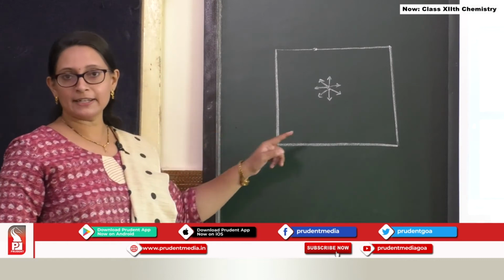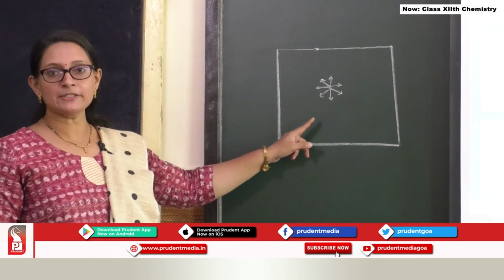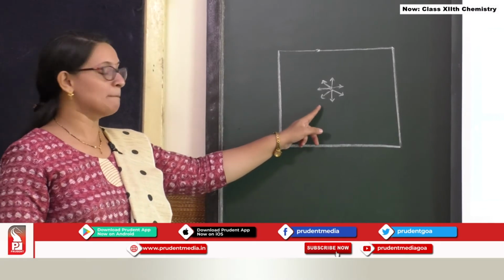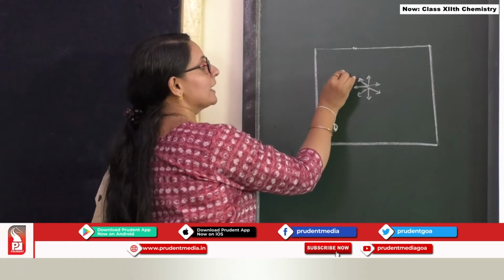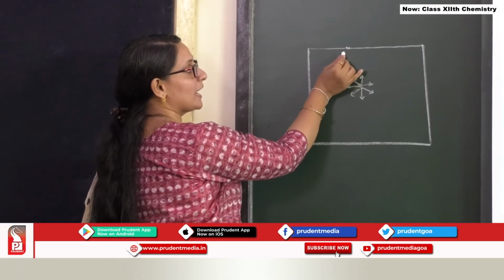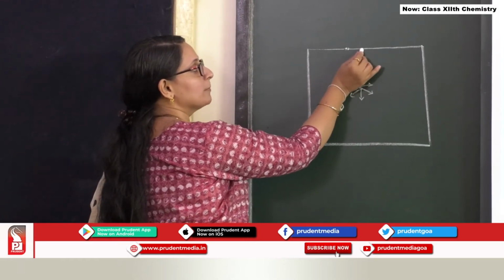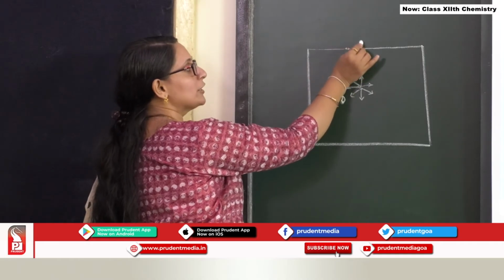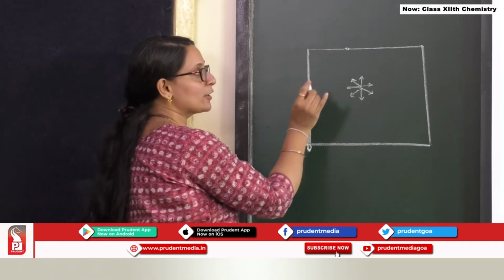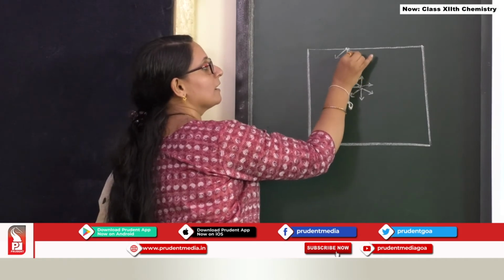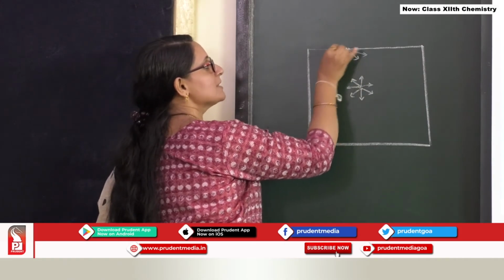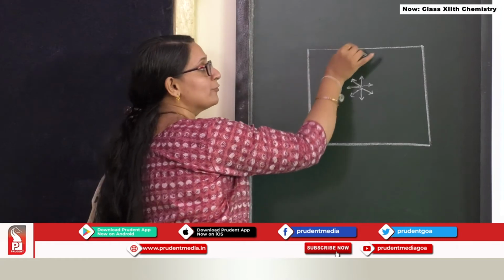So, we say that this particular molecule which is present in the bulk is a balanced molecule, whereas this molecule which is present over here is surrounded by similar type of molecules only from this side. On the top, such molecules are not present. So, forces of interaction are only from downside, not from the top.